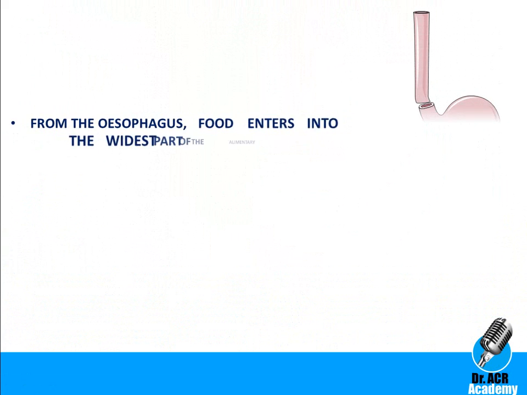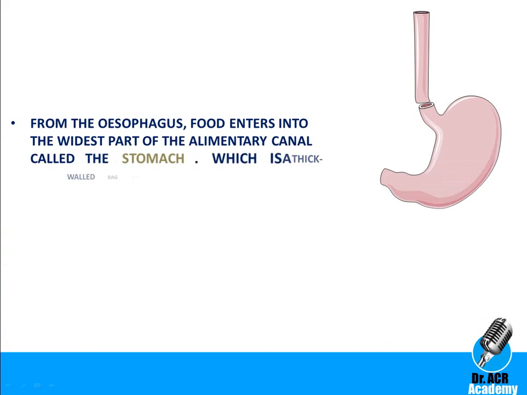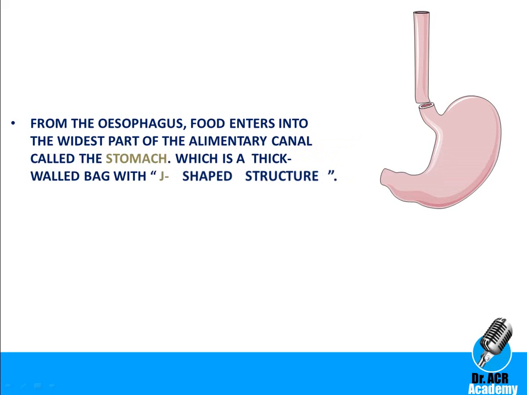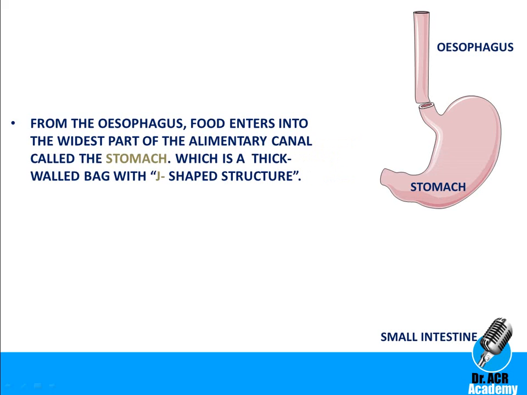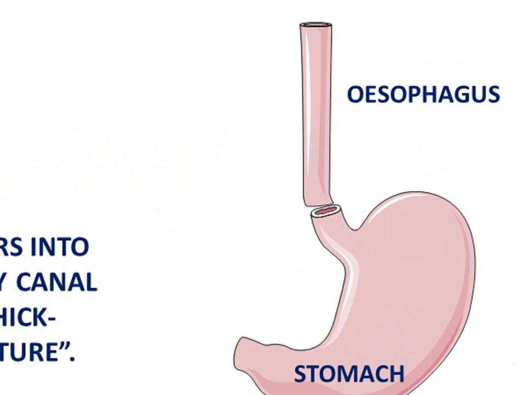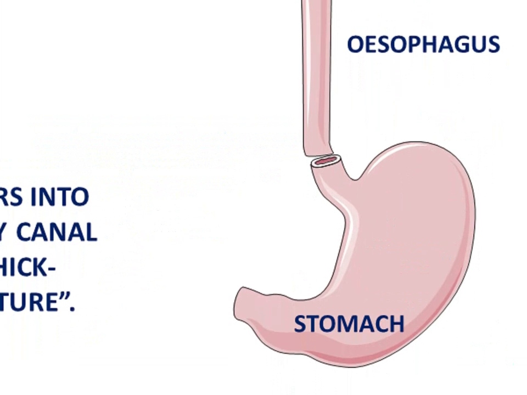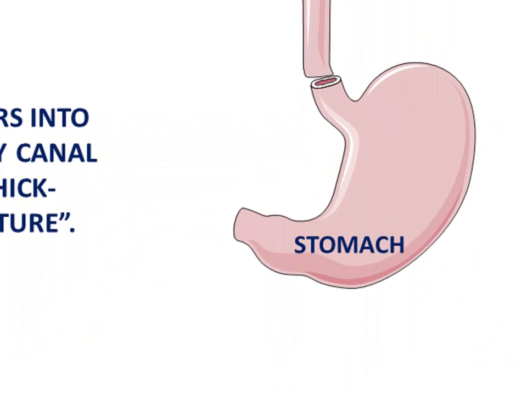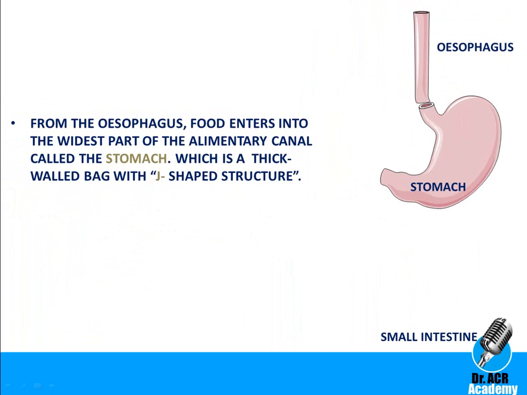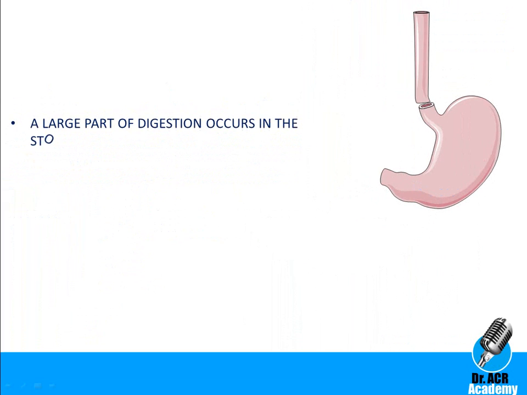From the esophagus, food enters the widest part of the alimentary canal called the stomach, which is a thick walled bag with a J-shaped structure. A large part of digestion occurs in the stomach.